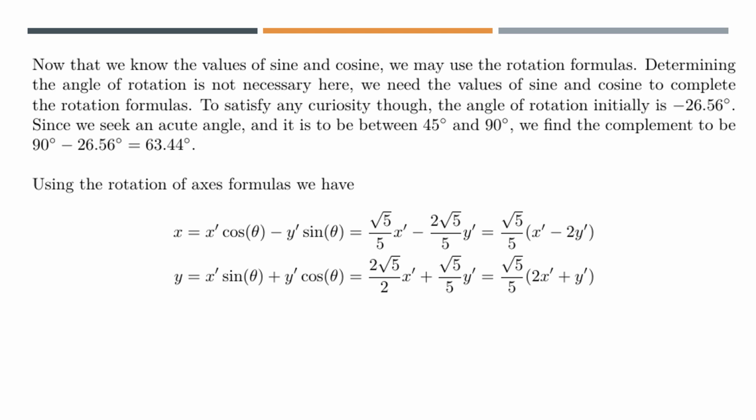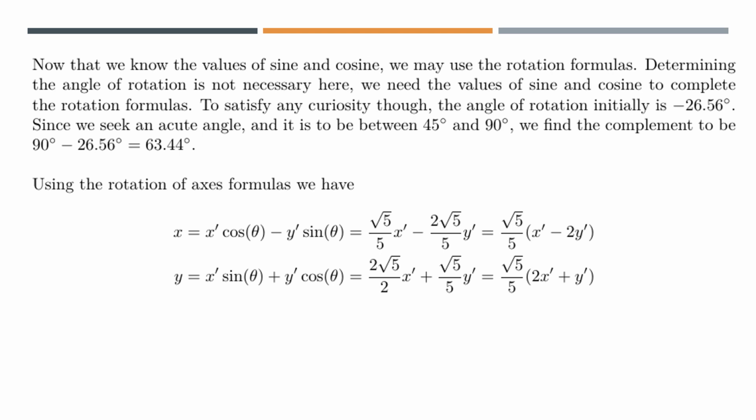So the original x, after I plug in what the cosine of theta and the sine of theta are from the previous work, ends up being root 5 over 5 times the quantity x prime minus 2y prime. That's the original x. The original y in relation to the new coordinate system is going to be root 5 over 5 times the quantity 2x prime plus y prime.